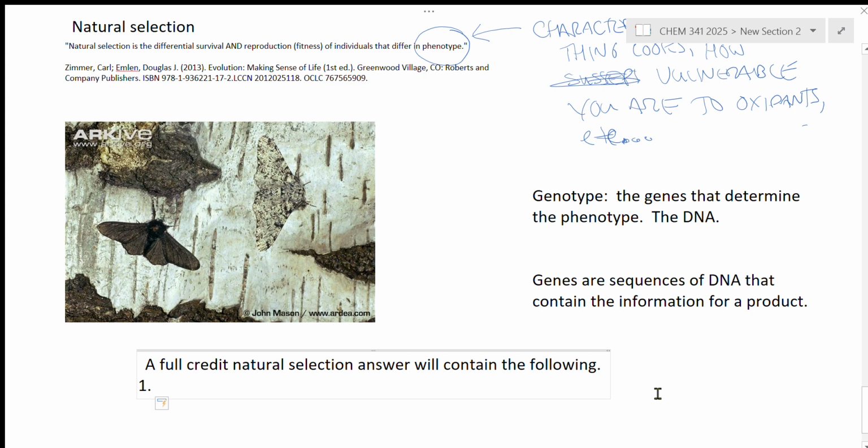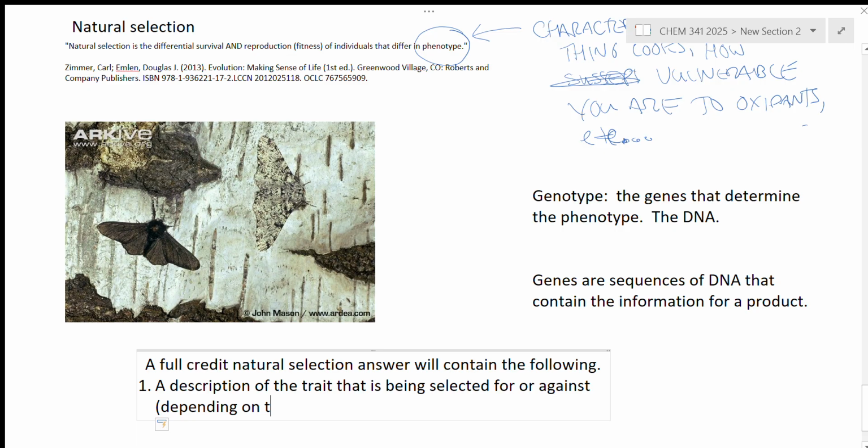It's going to have a description of the trait that's being selected, for or against, depending on how the question is phrased.